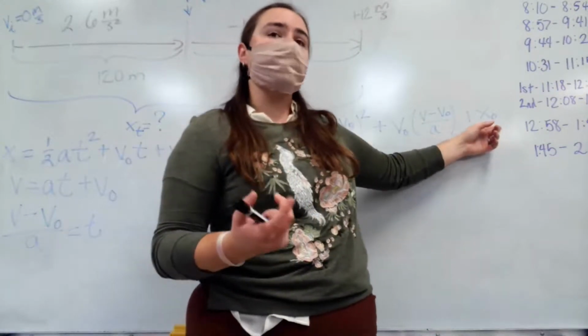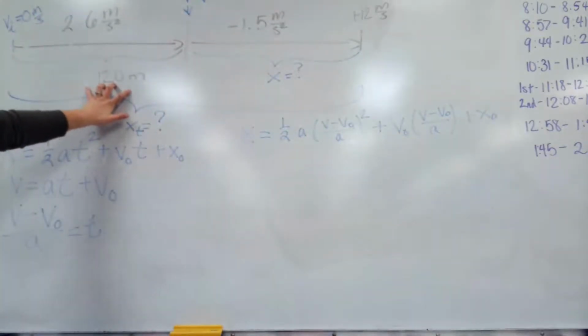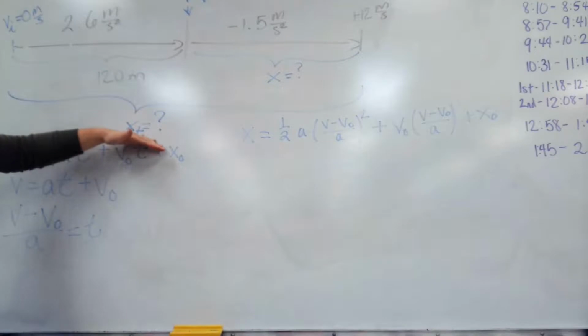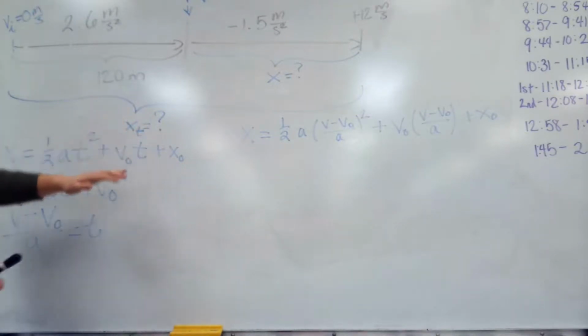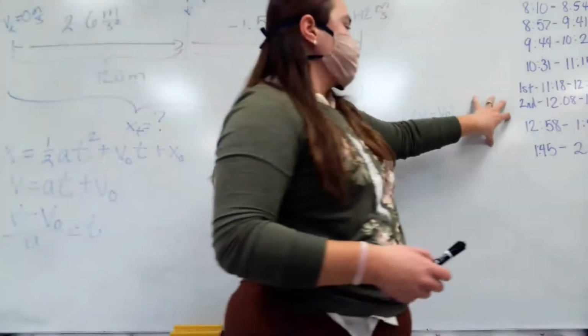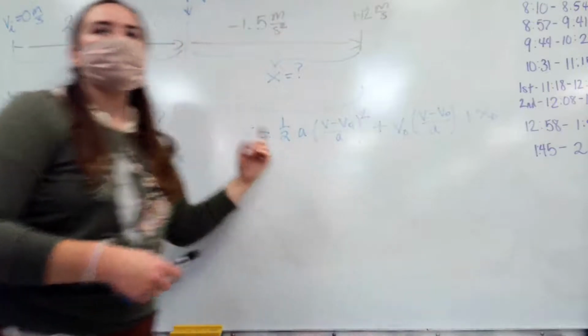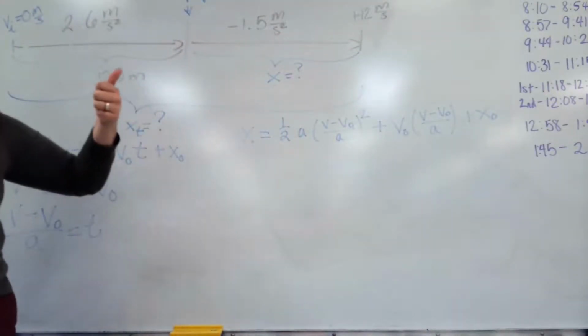Because we have this x naught term in there, if we put 120 in there, it's going to give us our total x. You guys see that? So this term essentially is saving us that step of calculating this and then adding 120 on at the end. Does that make sense?